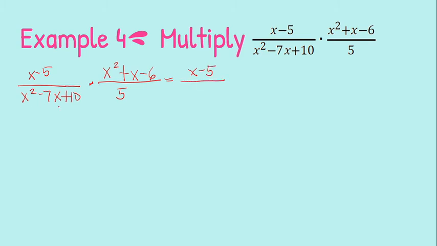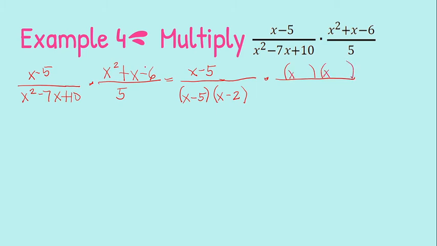While x squared minus 7x plus 10, this is an example of general trinomials. So, I'll think of numbers that when I multiply give positive 10, but when I add give negative 7. And that is negative 5 and negative 2. Next, for x squared plus x minus 6, this is also an example of general trinomials.